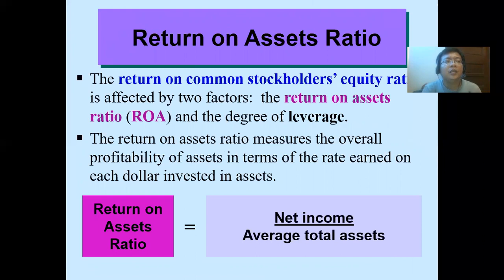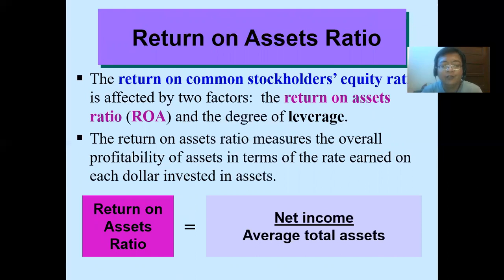So meaning, here to measure the effectiveness of how do you use your assets effectively to generate income. So that's your return on assets. So effective ka ba in terms of using your PPE or you're effective ba in terms of selling more inventories? If not, malamang you have less net income.